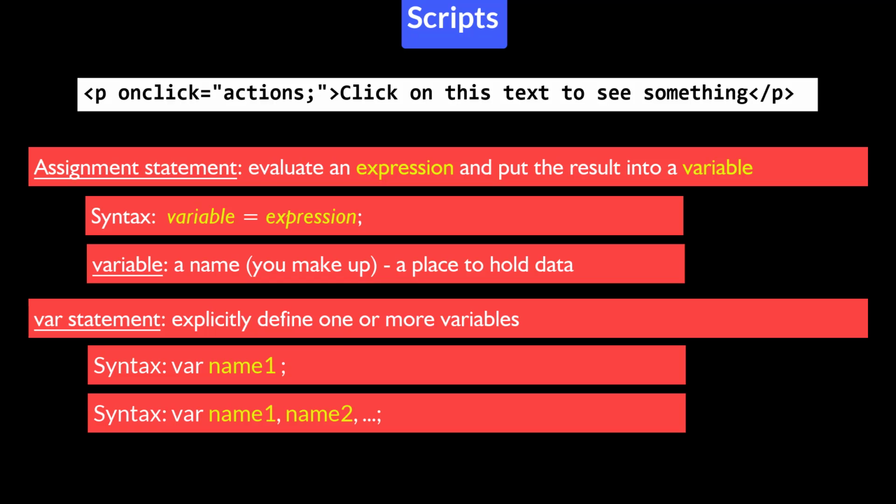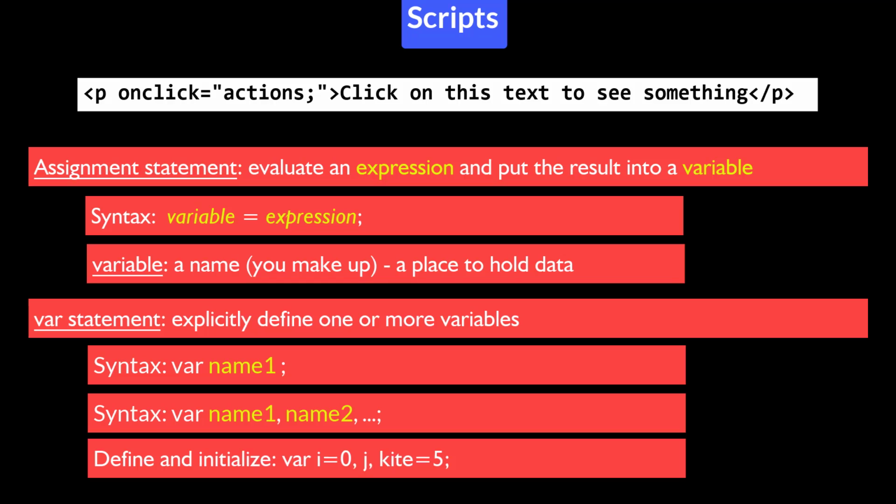Or you can define a list, var name1, comma name2, comma, and so on, semicolon. You may define and initialize one or more variables all at the same time. For example, var i equals 0, comma, j, comma, kite equals 5, semicolon. Note, this ends up with j having an undefined value, which is not an error.